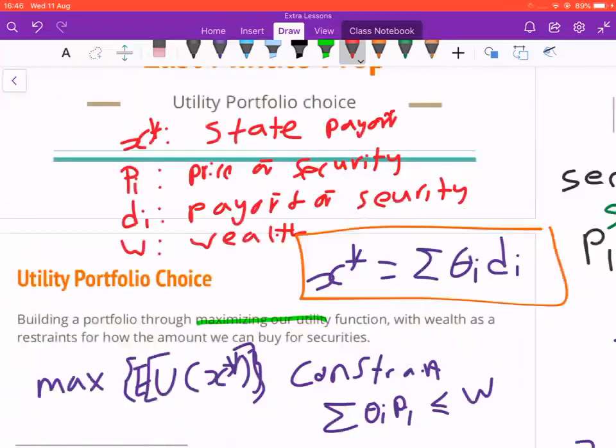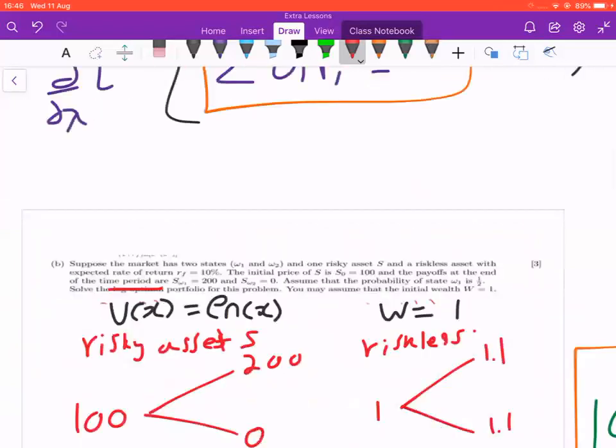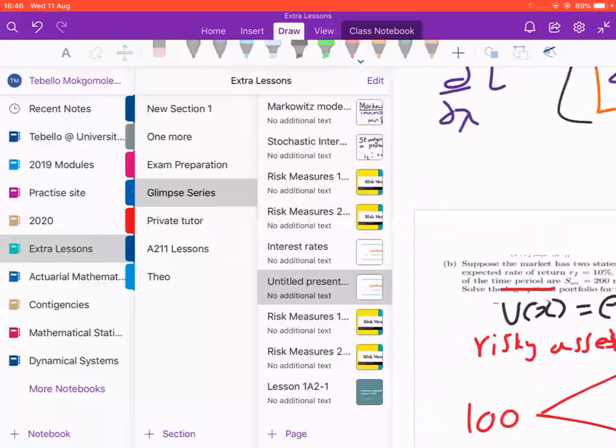Okay, I'm going to go somewhere. I thought this thing was somewhere. I think it's here.